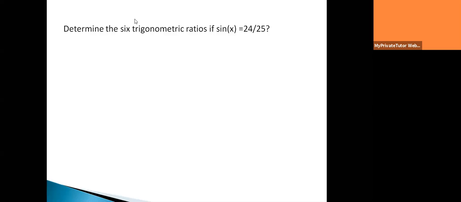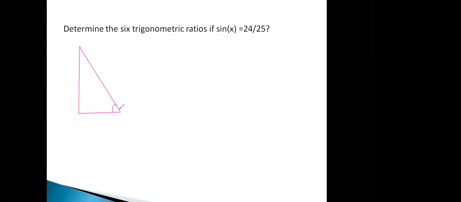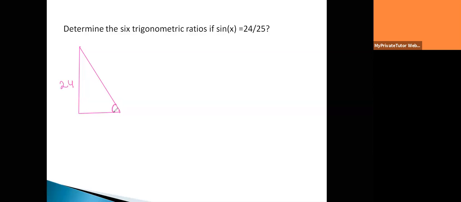So let me draw the triangle quickly. So what is the formula for sine theta? Please tell me, anyone? Opposite upon hypotenuse. Opposite over hypotenuse. Excellent. So opposite is 24. This is the 24 if this is an angle, and this is the hypotenuse. So we need to find the adjacent one, this one. So that becomes a 7.